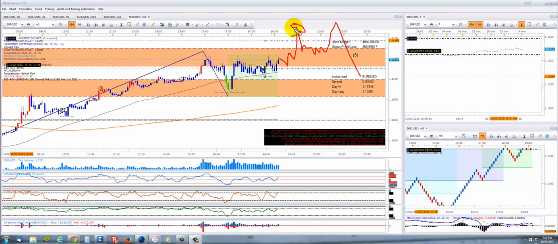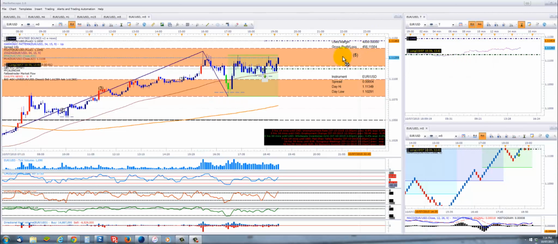But this is a good opportunity in this zone around here to actually buy and sell essentially. So that's what we're looking to do. I'm looking to use other people's liquidity, or other people's buying and selling, to actually get me out of the market nice and easily.